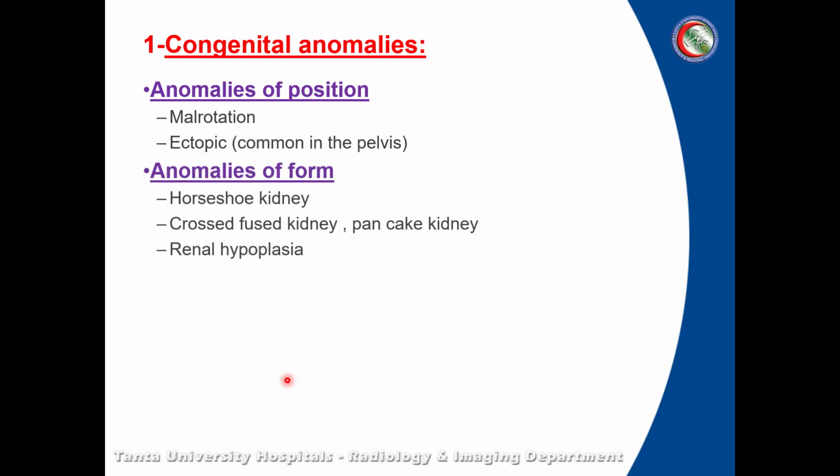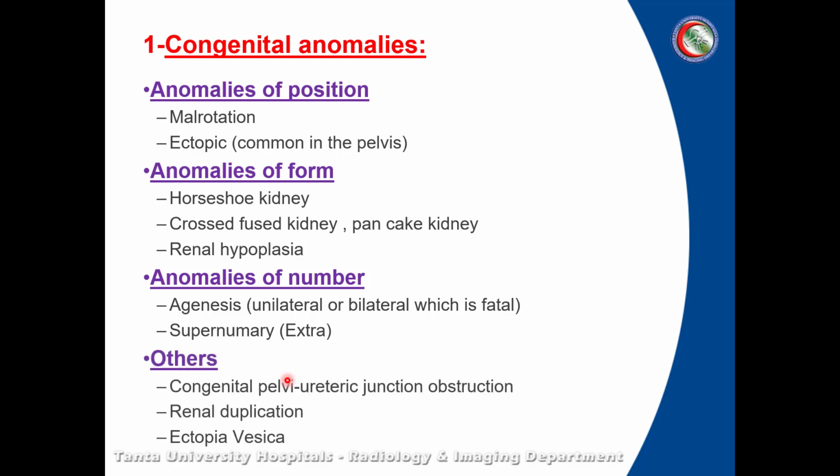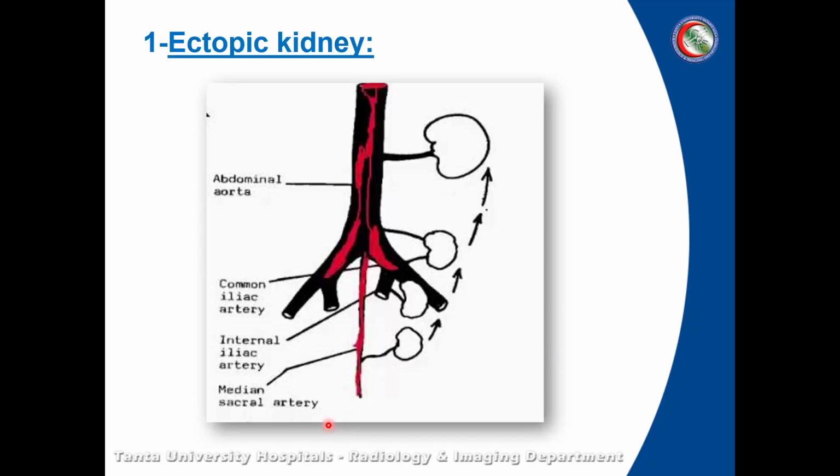Anomalies may be in the shape or form, such as horseshoe kidney, crossed fused ectopic kidney, pancake kidney, renal hypoplasia. May be anomalies of the number, such as agenesis, which may be unilateral or bilateral, but it is a fatal condition, or maybe extra kidney. Others, such as congenital PUJ or pelviureteric junction obstruction, renal duplication, and ectopia vesicae.